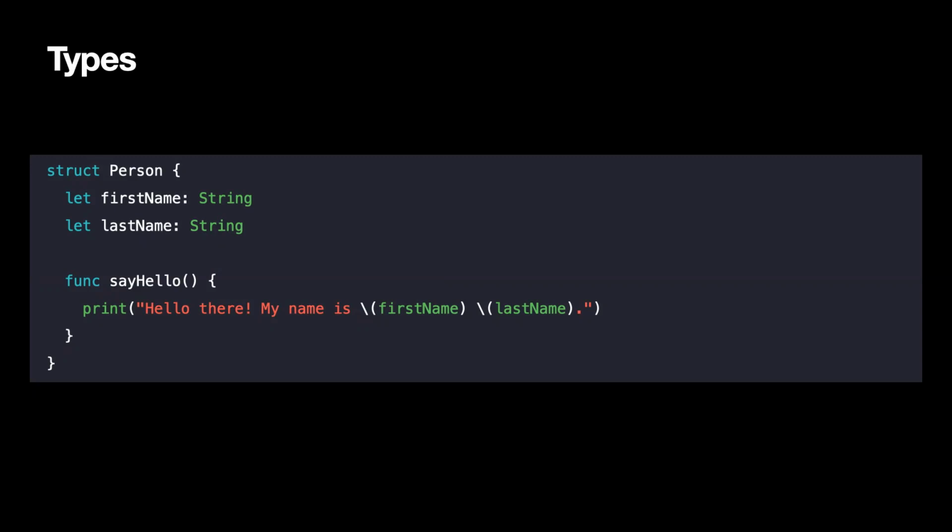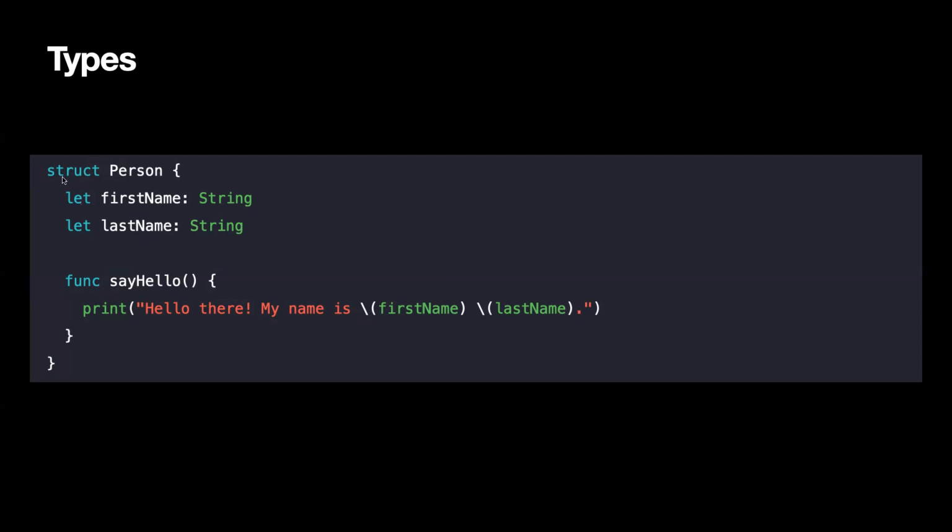So I'm just going to highlight the features. When we talk about types, it's basically a grouping of properties and functions. These are called properties, sometimes called attributes. They have functions as well, sometimes called methods.